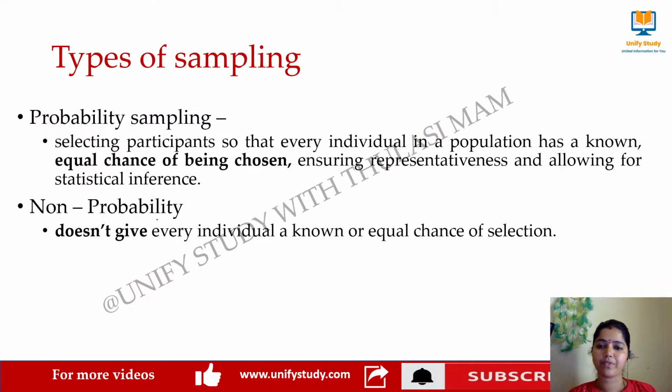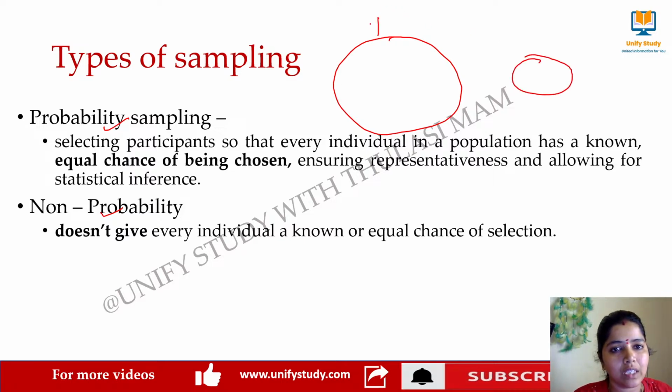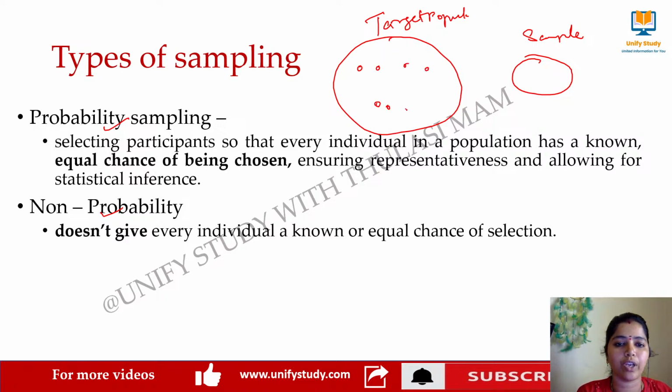Types of sampling: we have two types. One is probability sampling, another is non-probability sampling. What do you mean by probability sampling? All the people in the group have an equal chance of getting selected to become the sample. This is the target population, and this is the sample. All the people inside the target population have an equal opportunity of being placed into this sample.